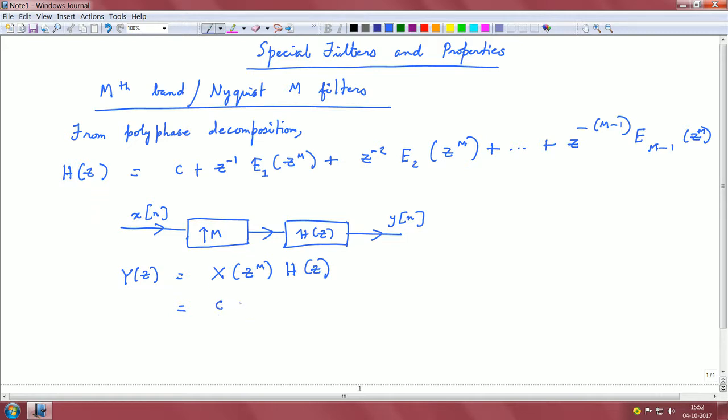This is c times x of z power M plus summation L equals 1 to M minus 1 z power minus L E L of z power M times x of z power M.